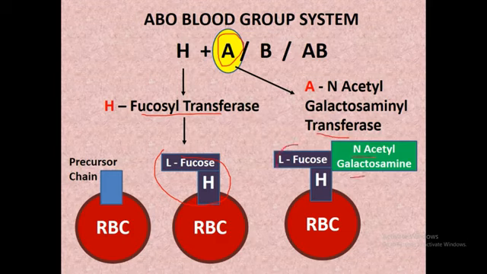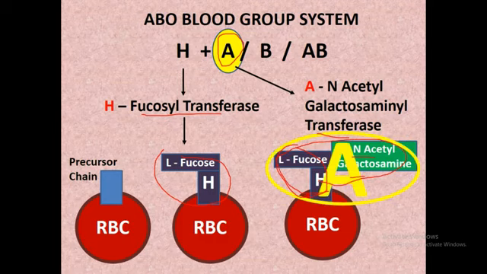So this is our H substance. So the whole of N-acetyl galactosamine plus L-fucose plus precursor chain is collectively known as antigen A or agglutinogen A.